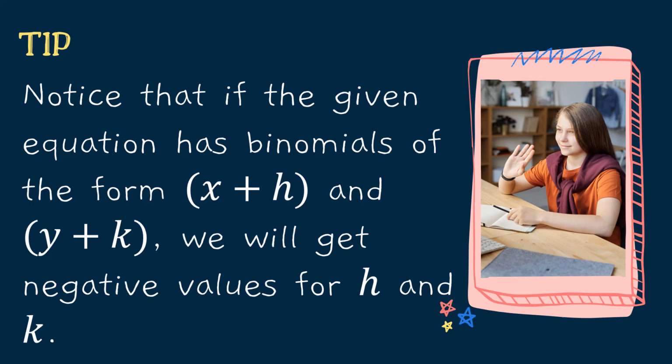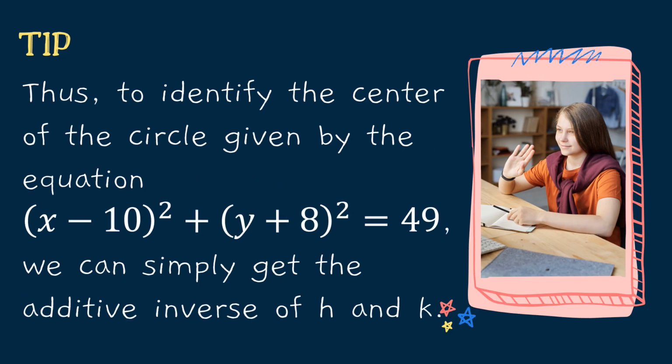For example, we need to identify the center of the given equation (x − 10)² + (y + 8)² = 49. We can simply get the additive inverse of h and k without solving, by just looking at our equation.